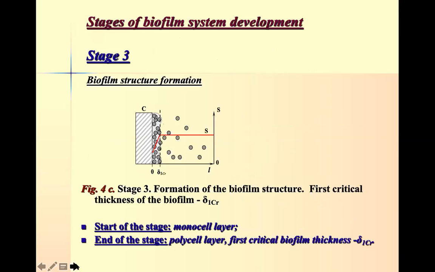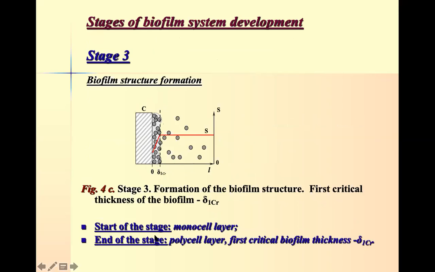Similarly, stage 3, biofilm structure. You see gradually in the previous stage there was a monolayer. Here you can see bilayer, thickness is increased. First critical thickness you can see, it is called delta 1 CR, first critical thickness. This part, 0 to this part, has already developed. Swimming cells number decreased.